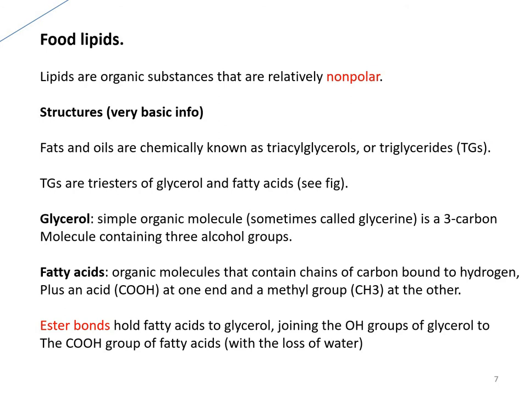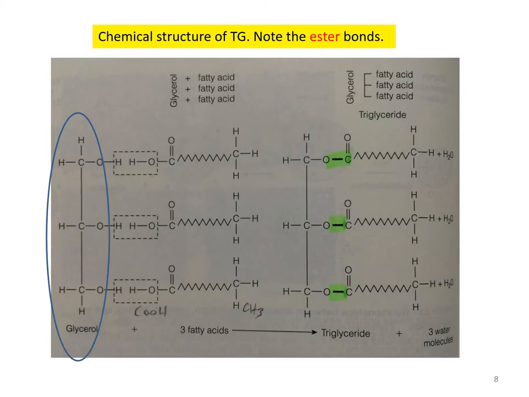Fatty acids are organic molecules that contain chains of carbon bound to hydrogen, plus we have an acid at one end and a methyl group at the other. And then we know there are ester bonds that hold the fatty acid to glycerol, joining the OH groups of glycerol to the COOH groups of fatty acids with the loss of water.